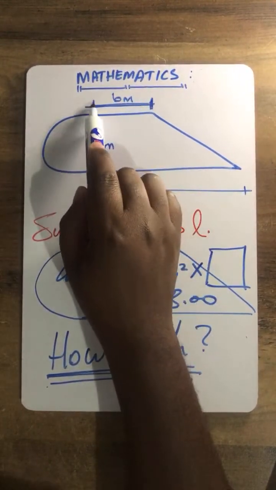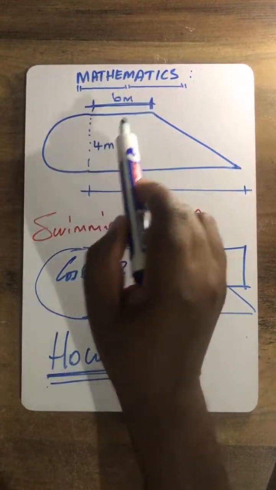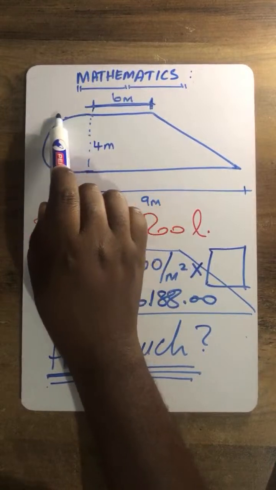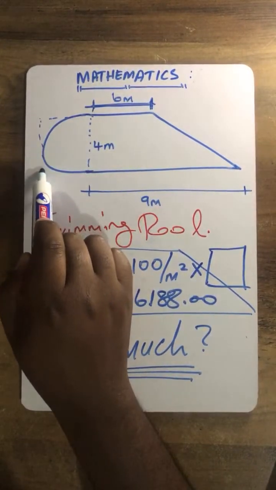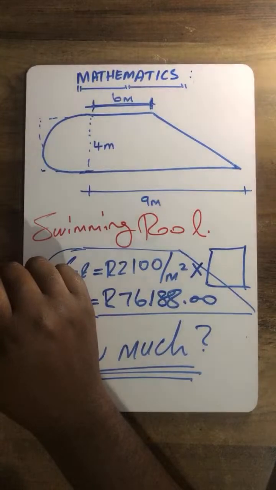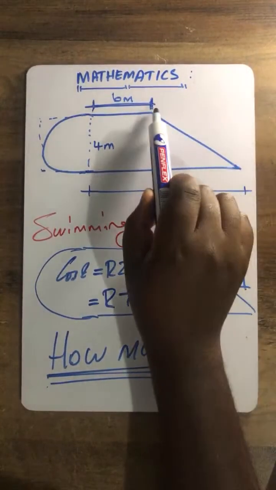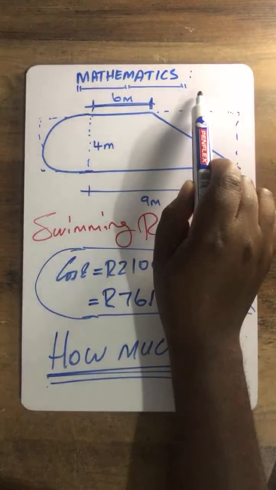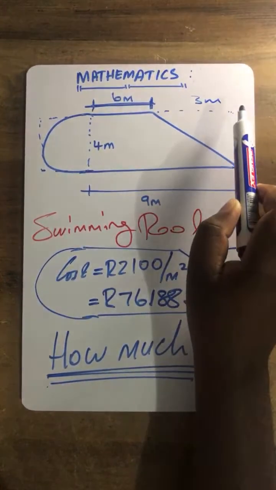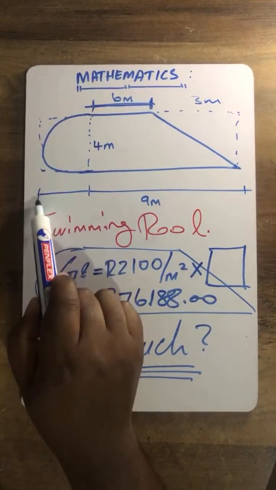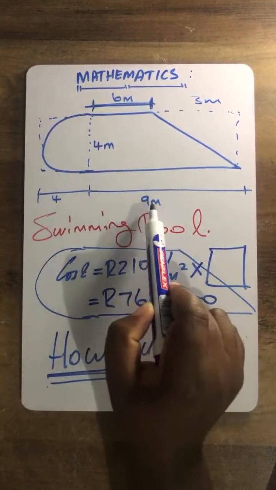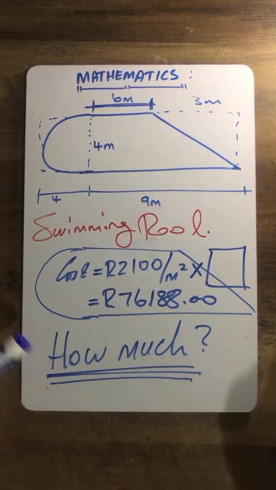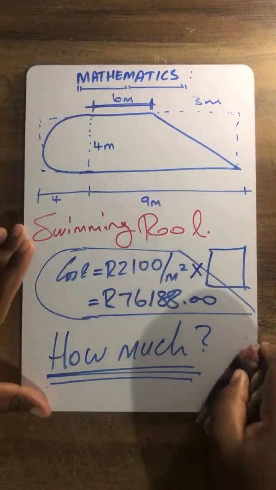So you can make an assumption of how long it is, a 6 meter and then a 4 meter, almost the size of a standard small room. Then we've got an extra 3 meter, so another 4 meters. In total, the length is 13 meters. It's a biggish pool.